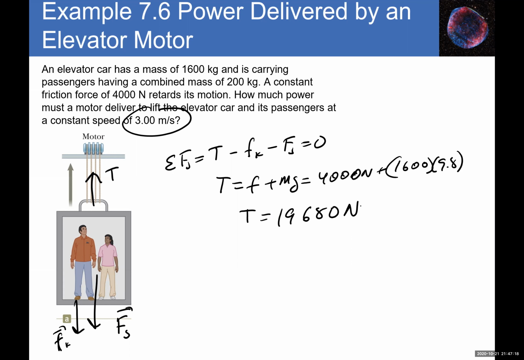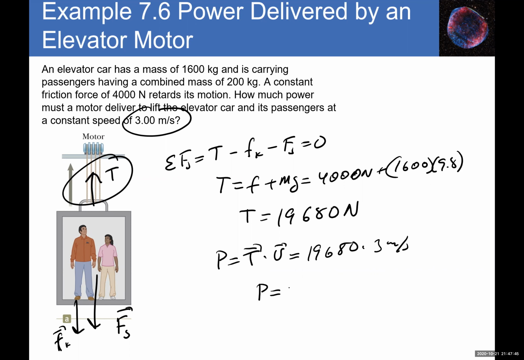Then, technically it says how much power must the motor deliver to lift, and what's lifting is pretty much this tension. So I can solve for the power as the tension times velocity, basically the dot product of those. So it's 19,680 times the velocity of 3 meters per second.